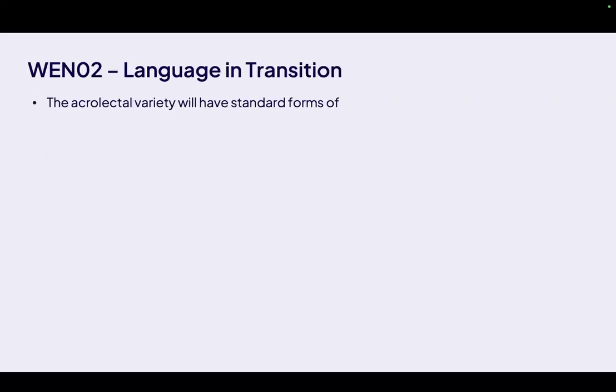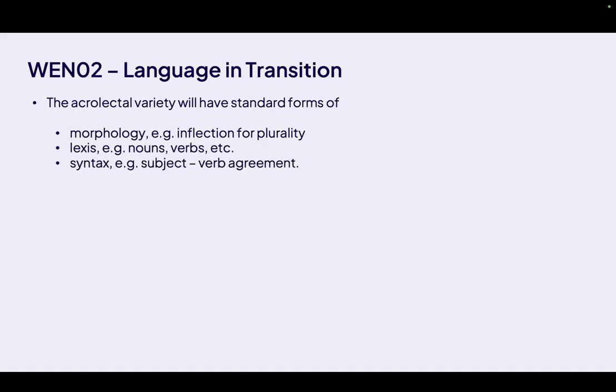Okay, so the acrolectal variety will have standard forms of morphology, which, if you have looked at the mark scheme, is inflection for plurality. Lexis, which is the nouns, the verbs, etc. Syntax, which is the subject-verb agreement.